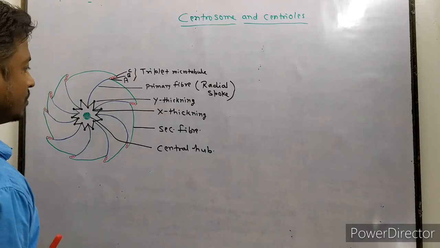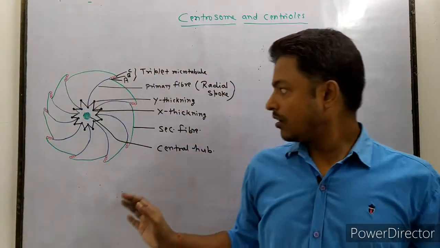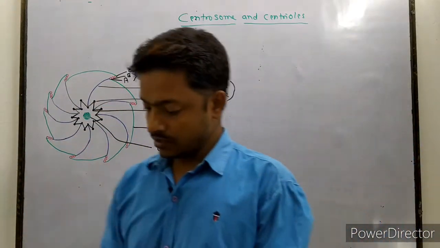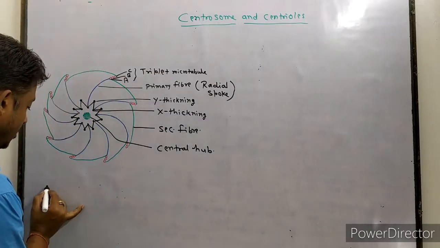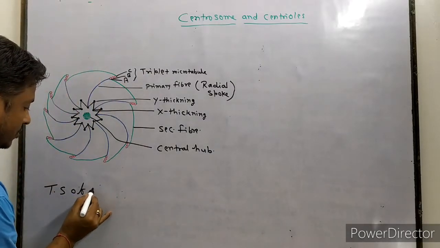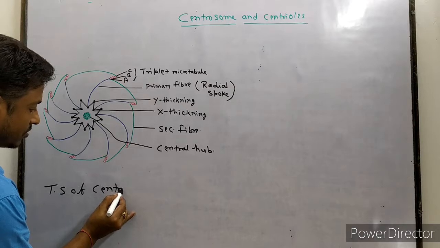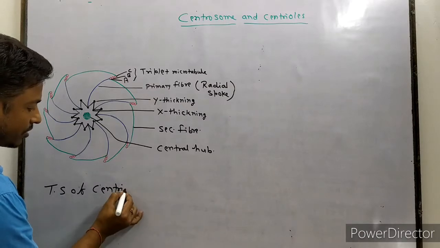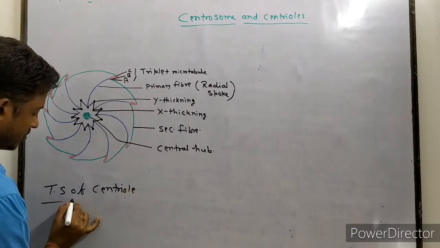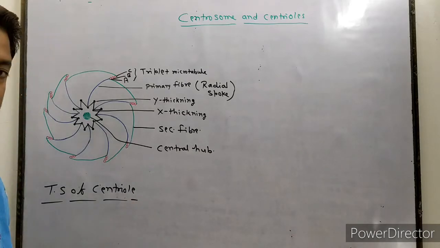Okay, so we labeled the diagram of centriole. It is TS of centriole, transverse section of centriole.